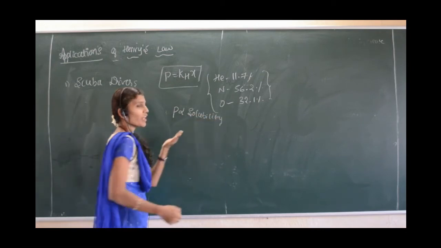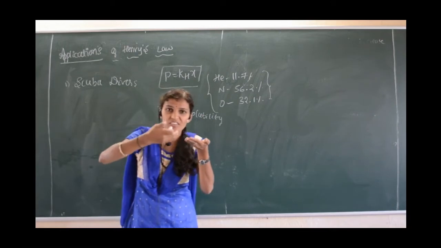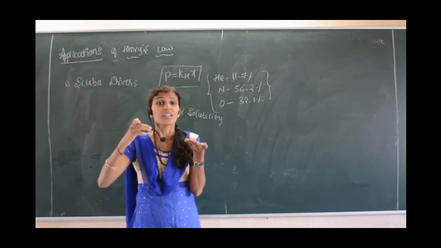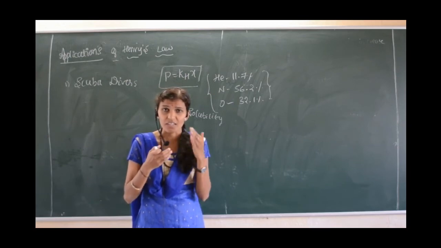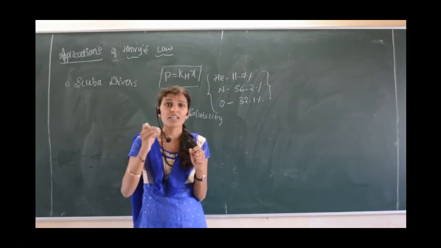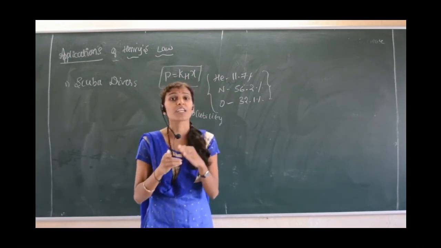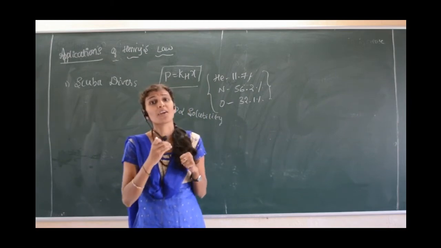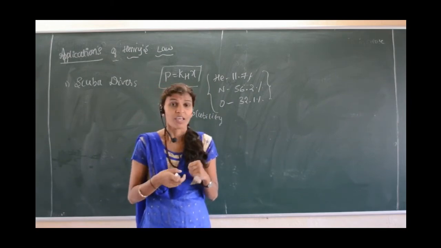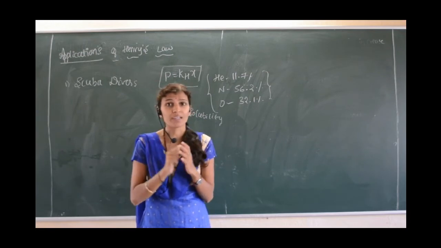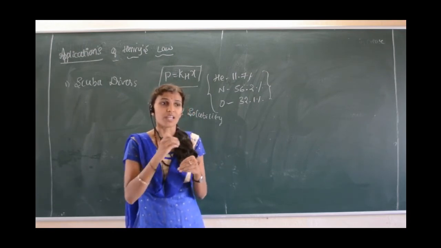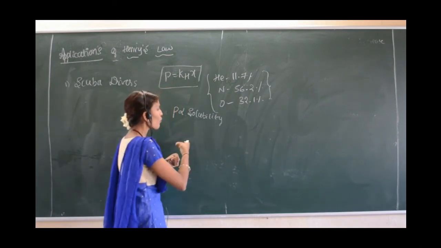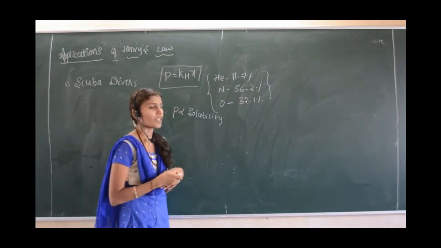So, whenever the scuba diver goes inside the ocean, what happens? There is an increase in the pressure. As there is an increase in the pressure, there is more solubility of nitrogen gas in the blood. As the scuba diver carries an air tank, whatever air he is consuming will be soluble in a higher quantity in the blood.